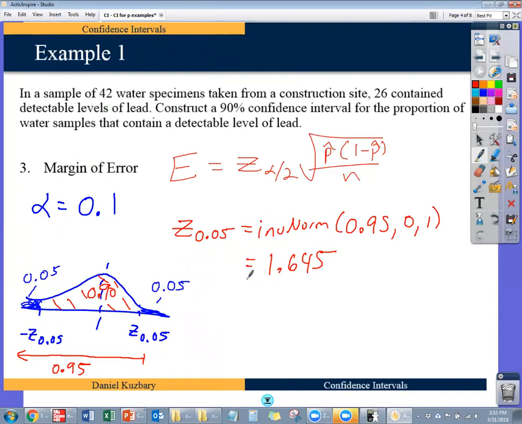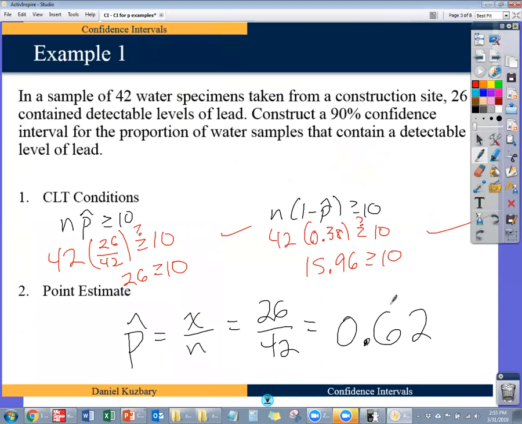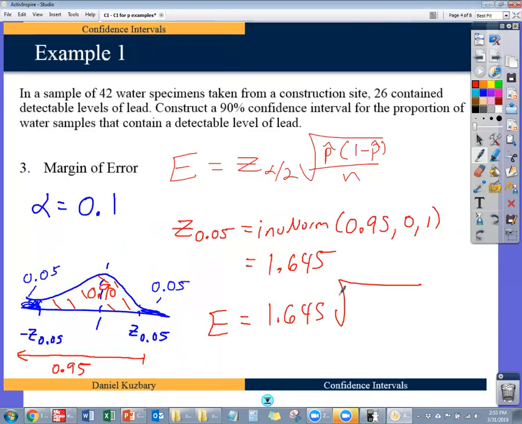1.645. So then my margin of error becomes 1.645 times the square root of p hat, which is 0.62, times 1 minus p hat, all over n, which is 42.